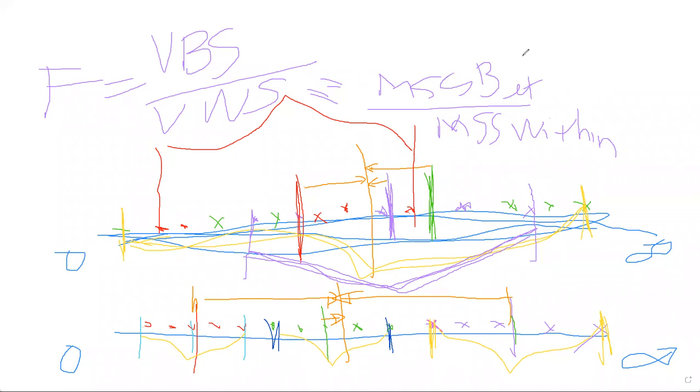If you divide a big number by a small number, you have a big quotient. So that's an F. A big F would have a very big chance of being significant, they would say. But we will go into that later on.